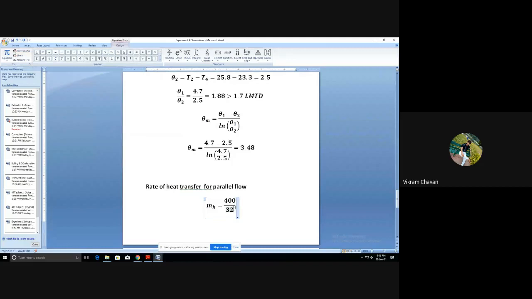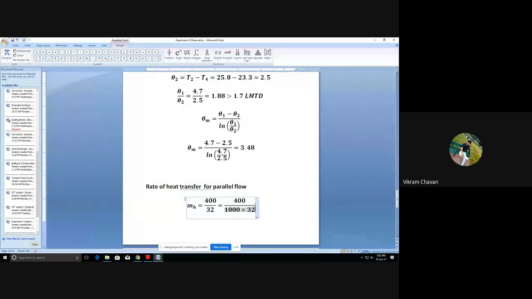We have to convert it into kg per second. For water, the density is 1000, or the specific gravity is 1, so 1 liter of water is equal to 1 kg. We directly convert ml per second into liter per second, and that is considered as kg per second. So 400 divided by 1000, which converts milliliters into liters, multiplied by 32.